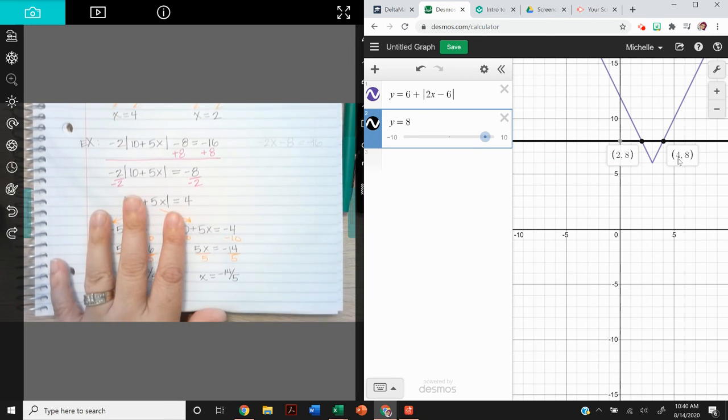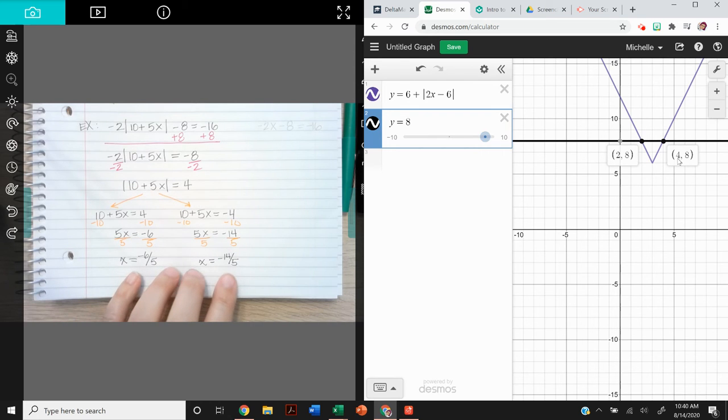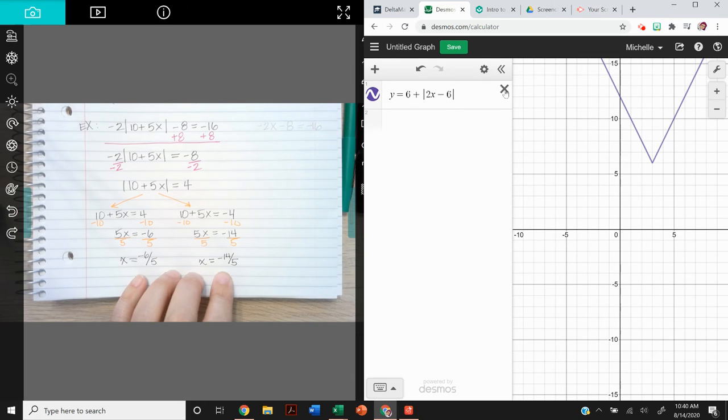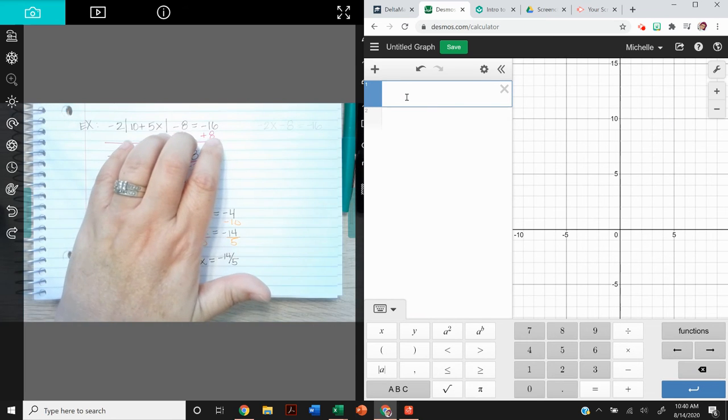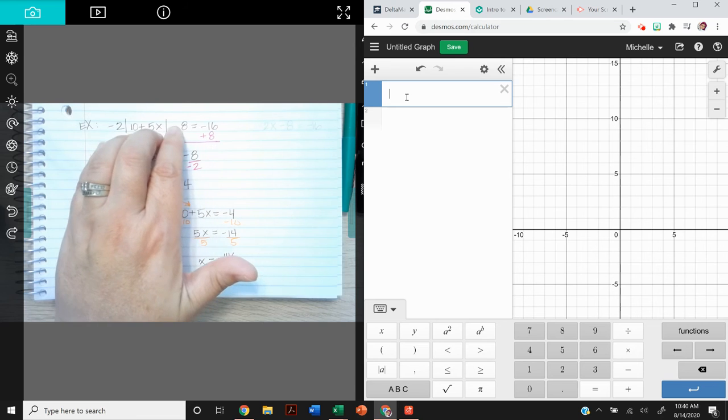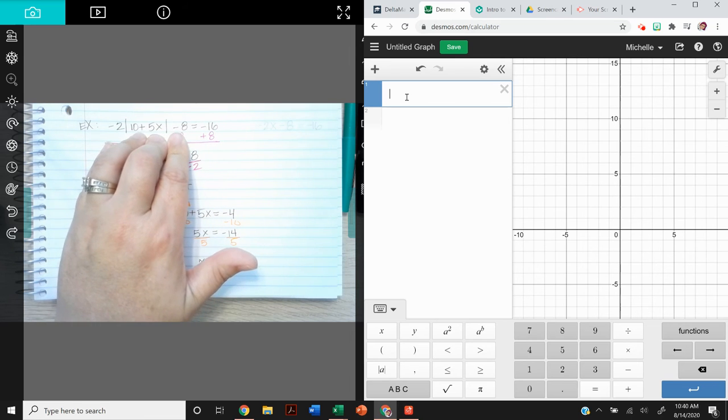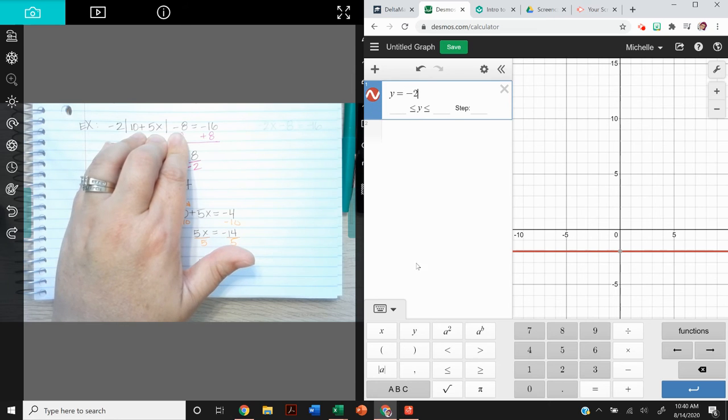Look what happens here in our second example. We've got these fractions that are in fact decimals in disguise. So let's X these out, and now let's go all the way back up to the top. On the left-hand side of the equal sign, I'm going to type that in. So y equals -2 absolute value 10 plus 5x absolute value minus 8.